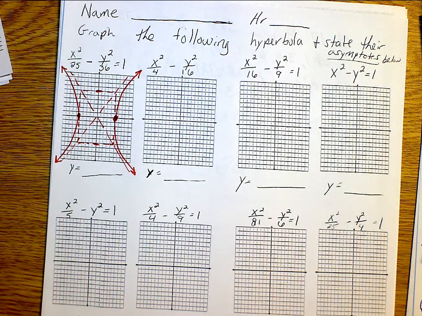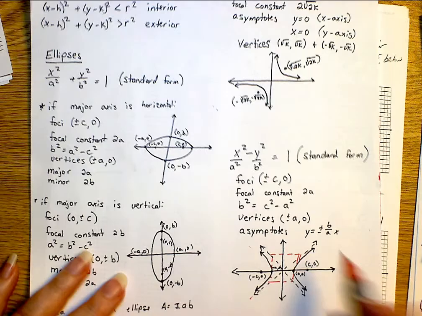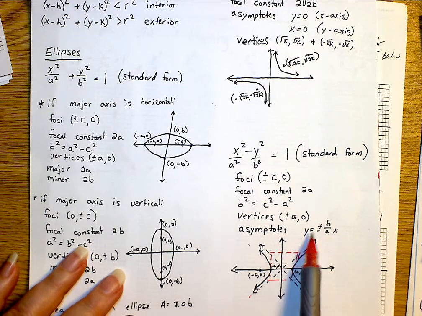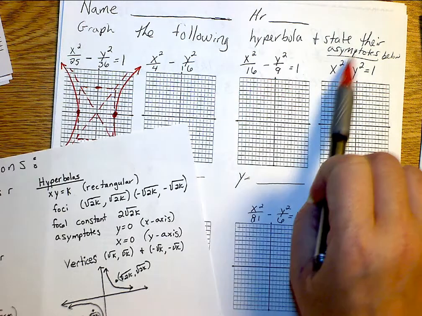Once you get better at it, sometimes they do the asymptotes first, but most of them do the boxes first. Anybody not have that? It says to state the asymptotes, so underneath it we're going to state the asymptotes.